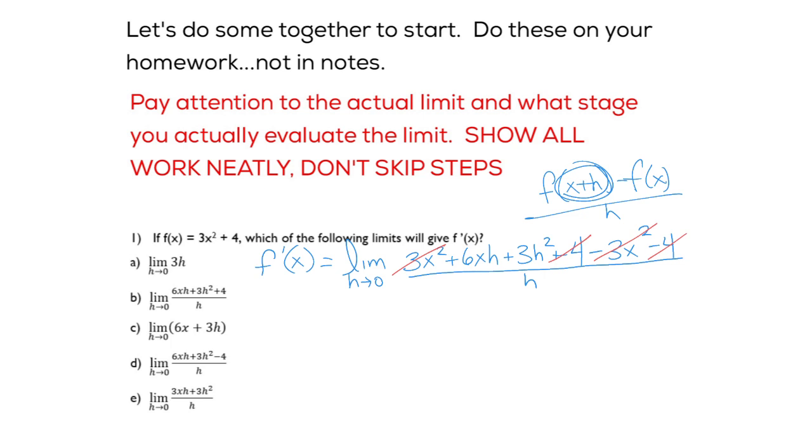So then your second step, keep this notation here and simplify it. So this is going to become a 6x plus a 3h. Now, in this particular example, we should be done. It says, which of the following limits will give the derivative? Don't actually go evaluate the limit. Just right now you're done. So which of these match what we have? It looks like C matches what we have.